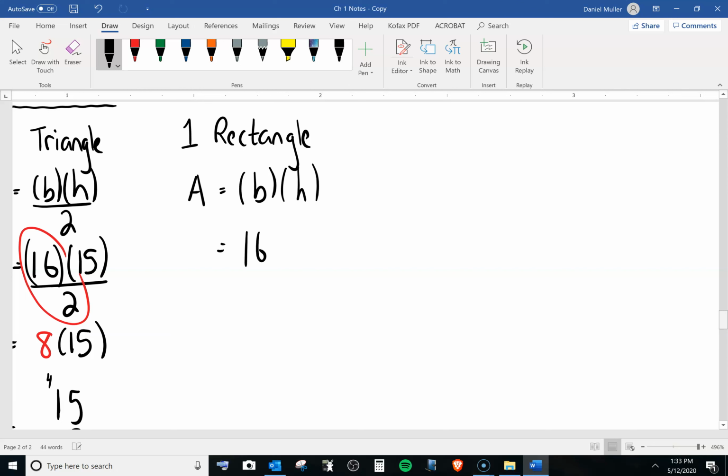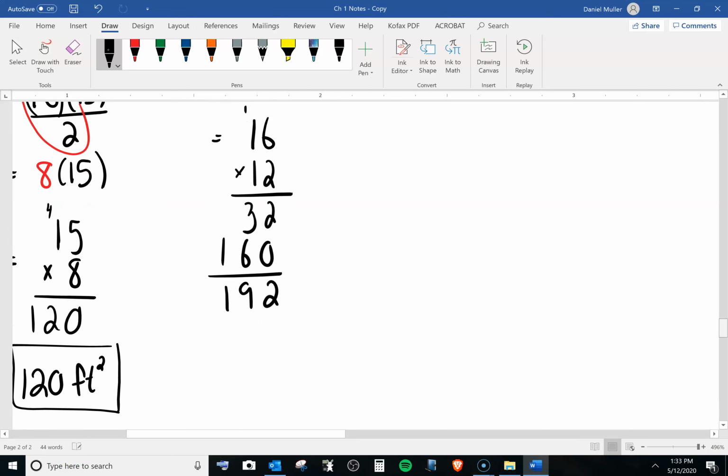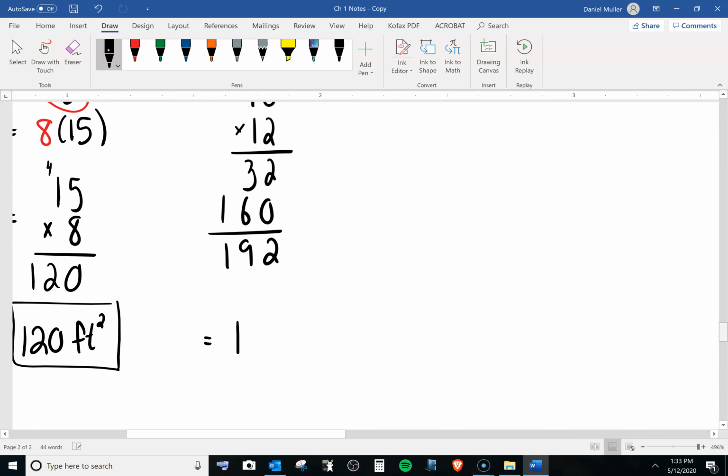So 16 times the 12, which I'm going to have to just write vertically here, because I don't know my 16 times tables. 2 times 6 is 12, carry that. 2 plus the 1 is 3, 0. 1 times 6 is 6. 1 times 1 is 1. 2, 9, 1. So I got 192 feet squared.